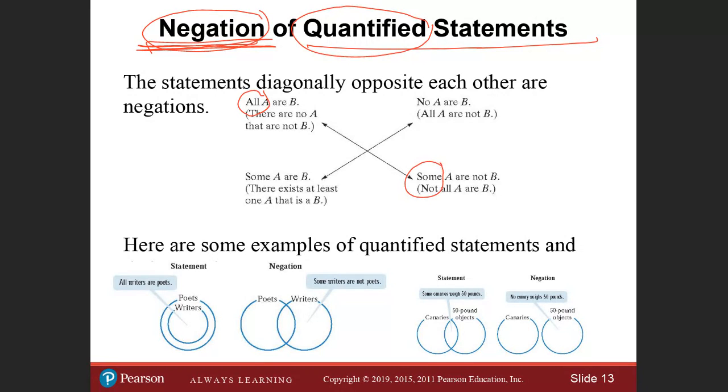When you have the word some, it gives you no as the negation. You just have to follow the arrows here. So those go to each other as negation. You can also see the Venn diagram at the bottom that demonstrates the negation of the quantified statements.